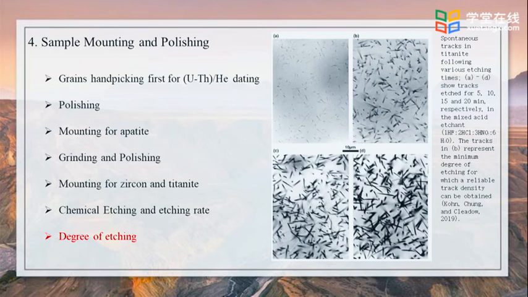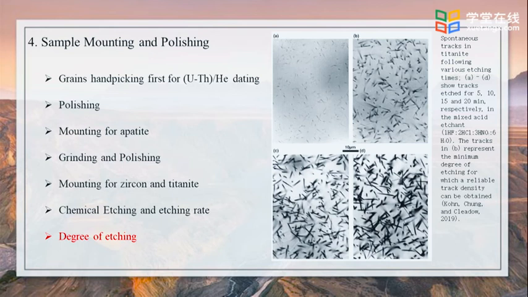Apatite is more consistent in its etching behavior, and a standard etching time is commonly used. However, for most apatite grains, it is important to adhere to a strict etching protocol so that key parameters such as track length and Dpar can be measured in a uniform procedure and reproduced in other laboratories.